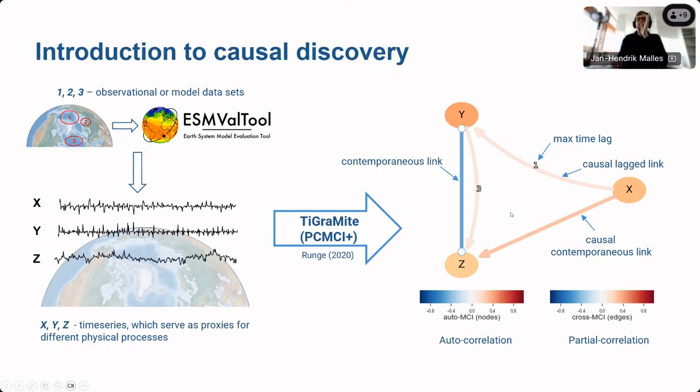And what will be relevant later on is that in the approach that I used, you will also have a width or thickness of the links, which, if you use several data sets, or in this case grid cells, tells you in how many of the different time series you use this link appears.